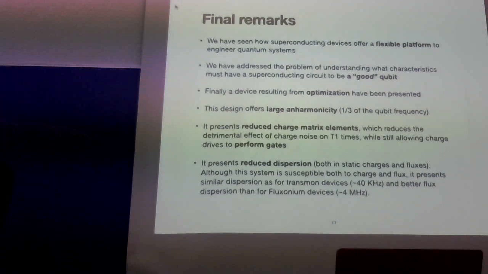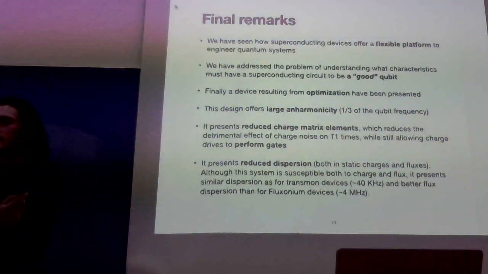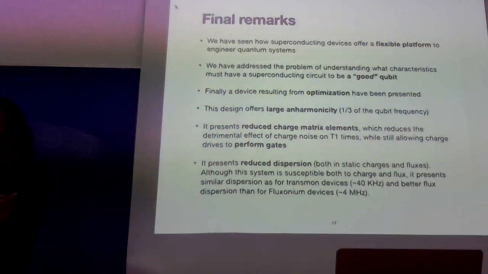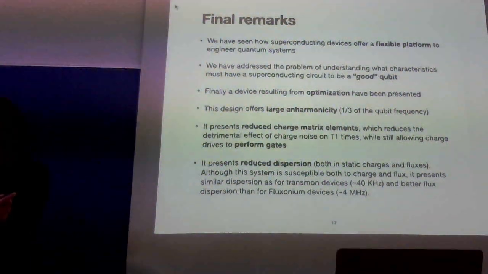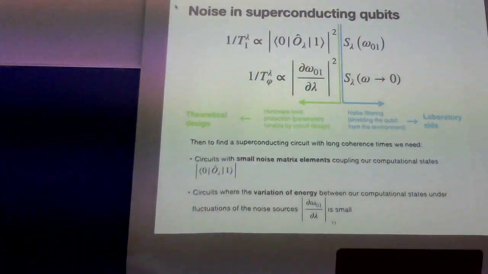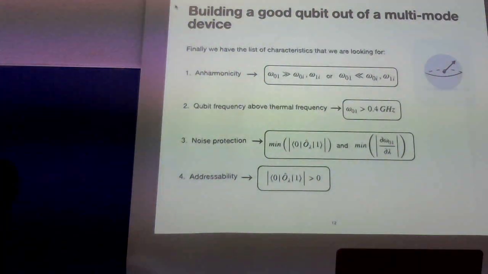So, we've been using really complex cost functions that include all the characteristics, and sometimes the cost function does not work. So it's usually better to focus on certain characteristics that you're interested in. For example, just keep the anharmonicity and minimize this.